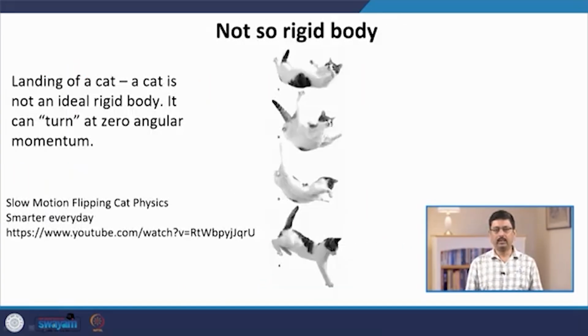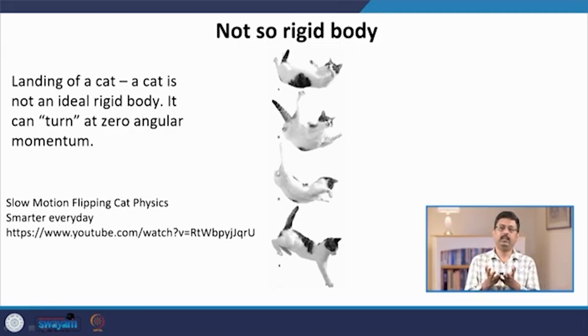However, before that, I want to put as a side remark an example of motion that we are not going to consider in this course, because in this course we are assuming that our extended object is a rigid body. But in real life we often see objects that are extended but not so rigid. Here is a very famous example of a falling cat.